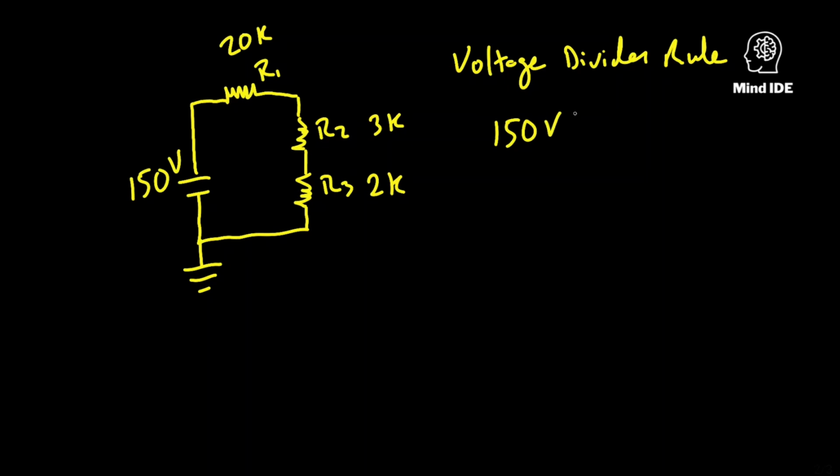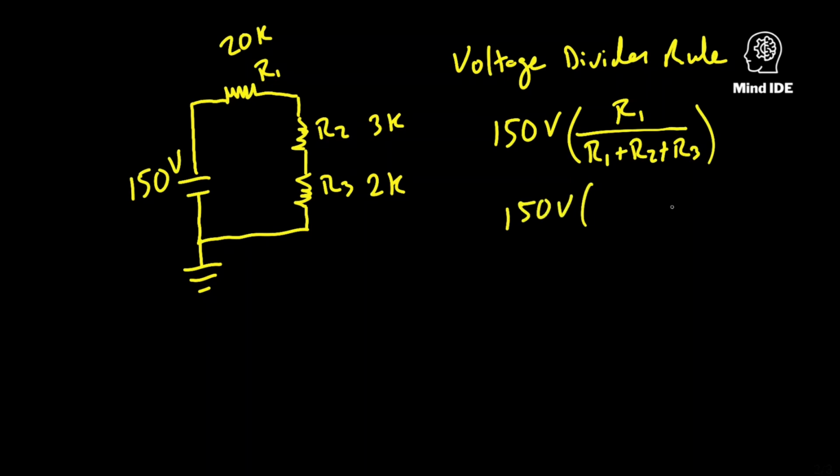You just go 150 times. So the voltage drop for R1 is 150 volts times 20K over R1 plus R2 plus R3, which is 20K plus 3K plus 2K.